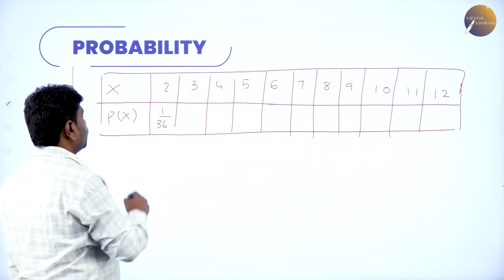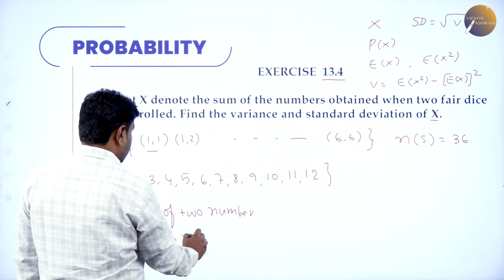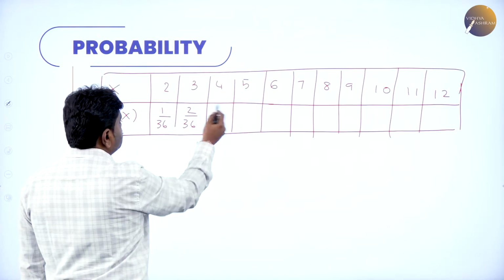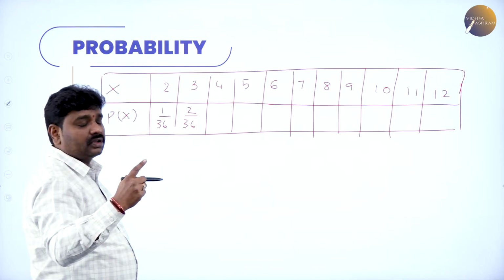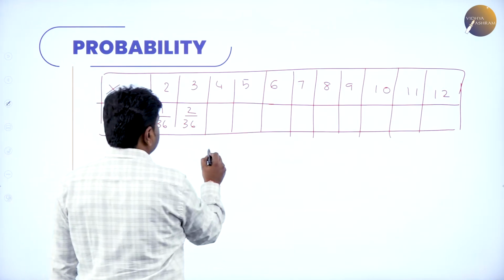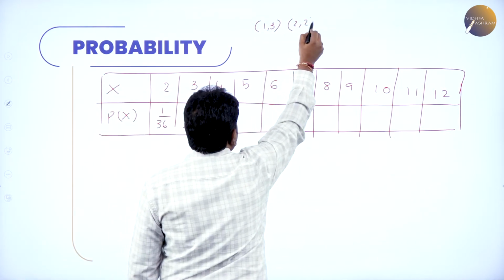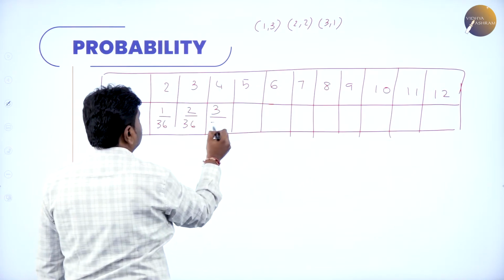Sum should be 3. What are the possibilities? 1 2 and 2 1. So 2 favorable out of 36. Sum 4: 1 3, 2 2, and 3 1. So 3 possibilities out of 36.